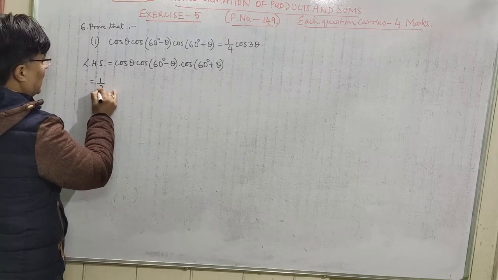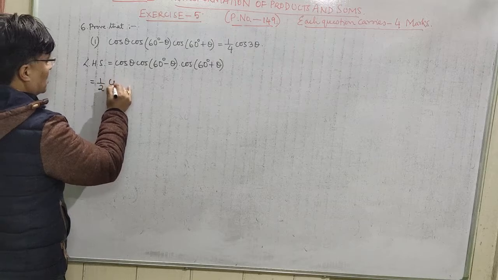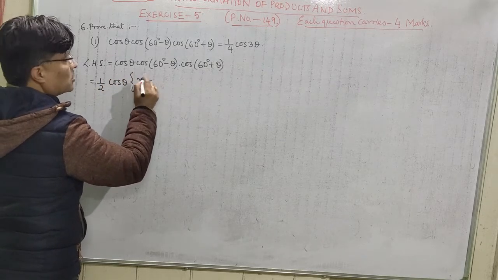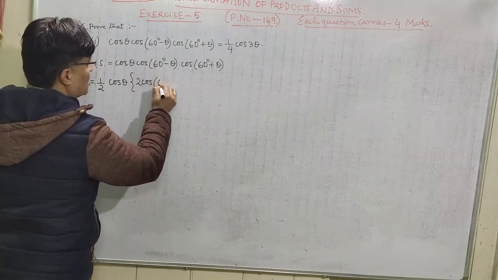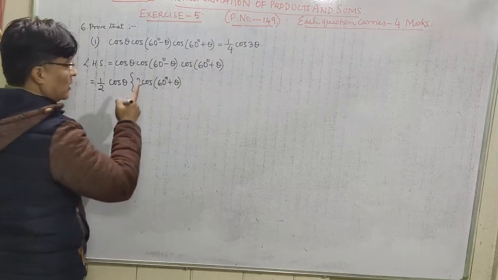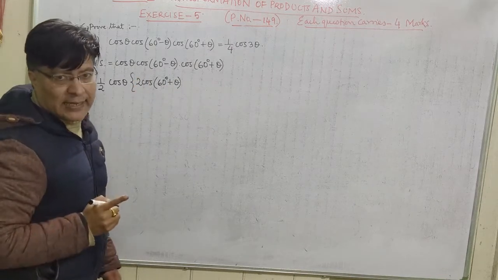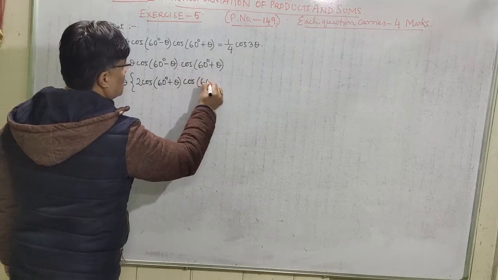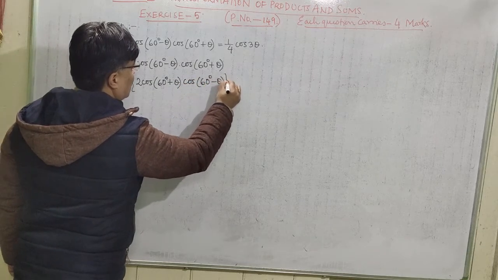So it is equal to half cos theta within second bracket 2 cos. So let us write down 60 degree plus theta first because this is greater than 60 minus theta, and we will take it as A. And then it is cos 60 degree minus theta.